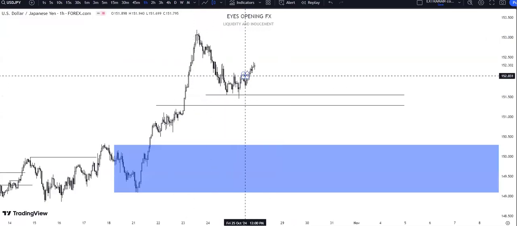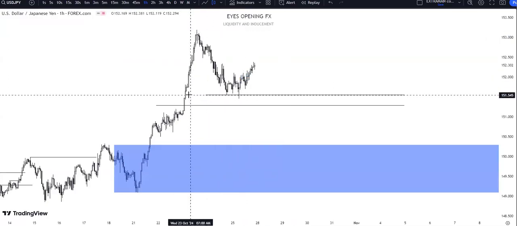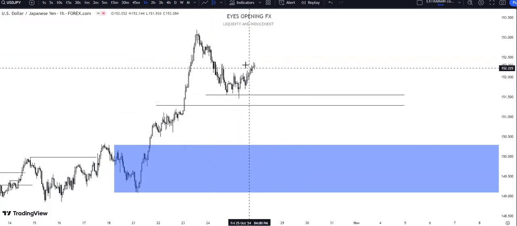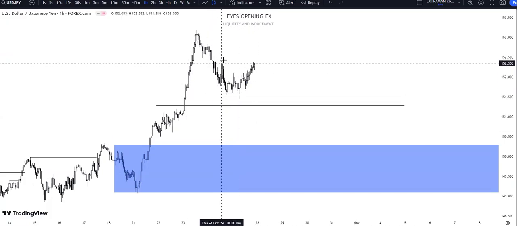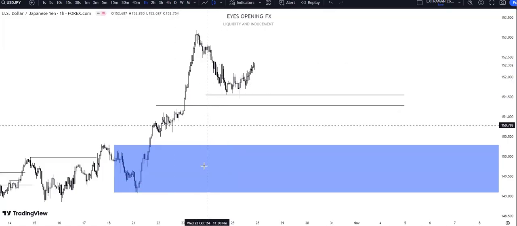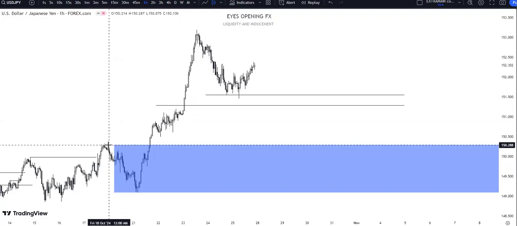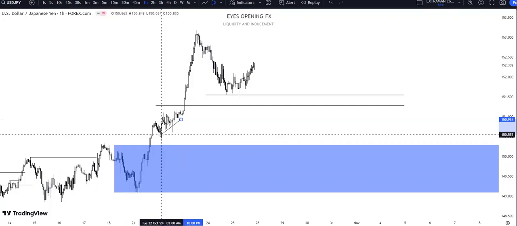On this pair, we can clearly see market trading into this imbalance right here. After trading into this imbalance, we are seeing higher prices and market is breaking structure to the upside. Since we are seeing higher prices, mark this area earlier on, daily order block or daily CISD, and all these can be liquidity.